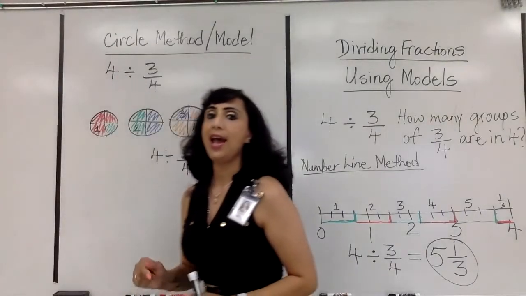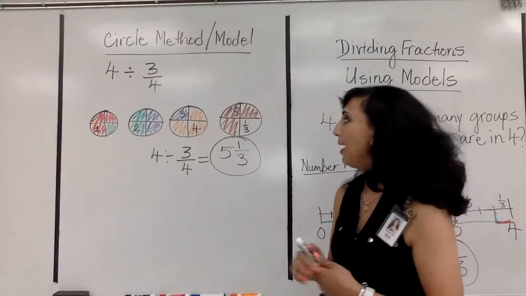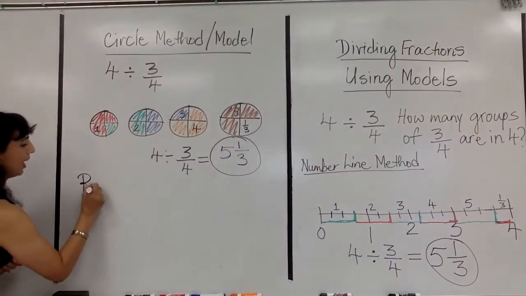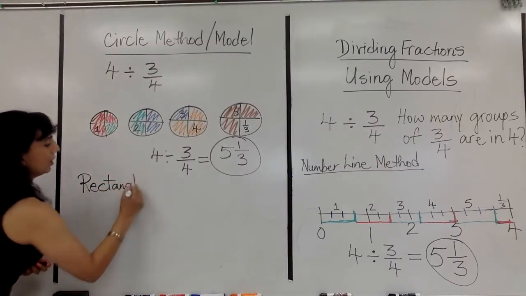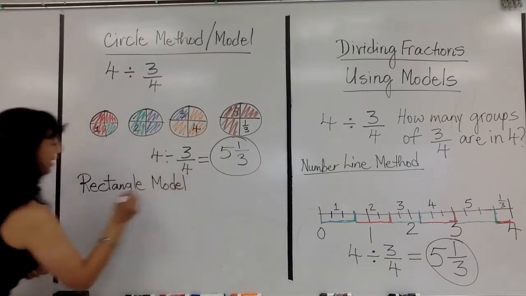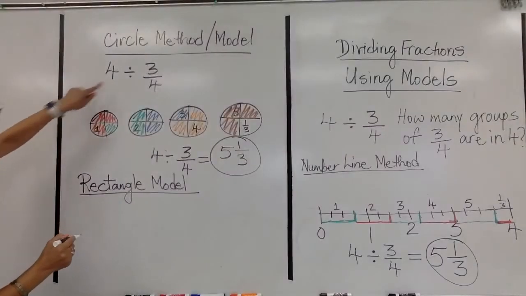All right? And then you can also do the rectangle method, the rectangle model. And it's very much like the circle. So the rectangle model looks a lot like the circle. So we have, once again, you look at this.